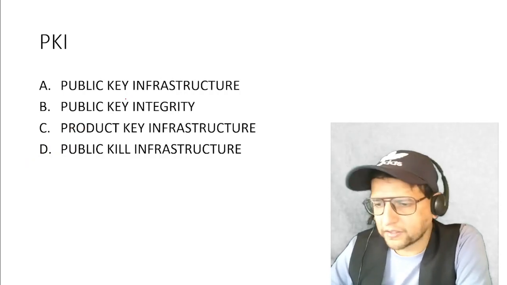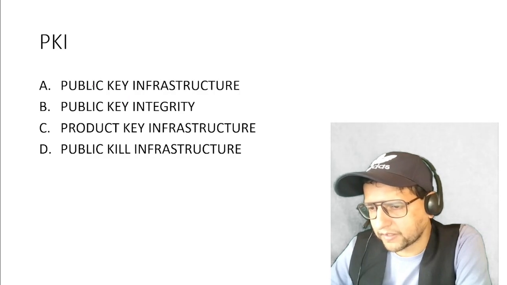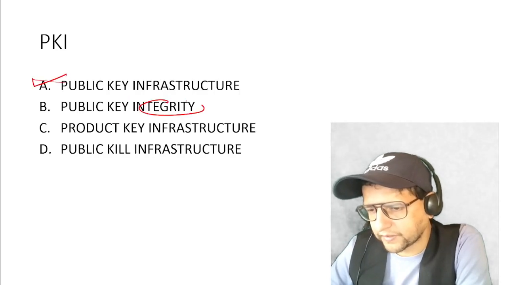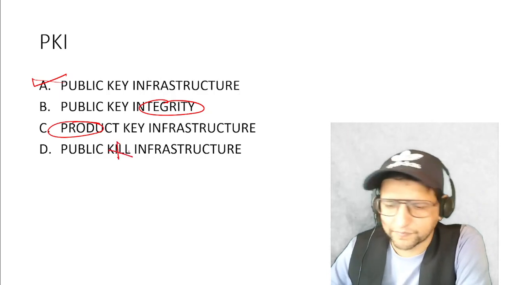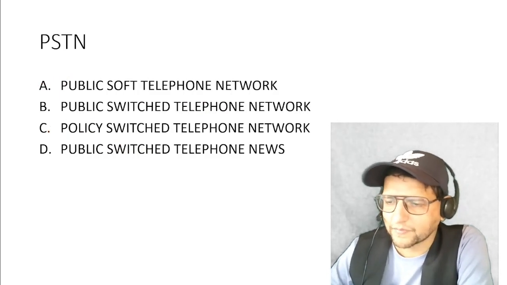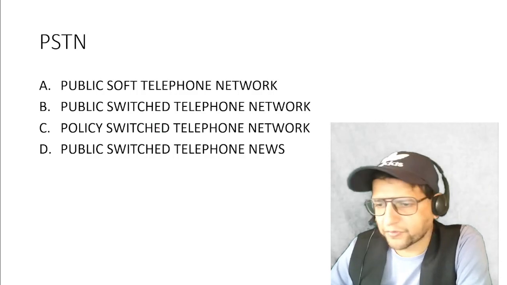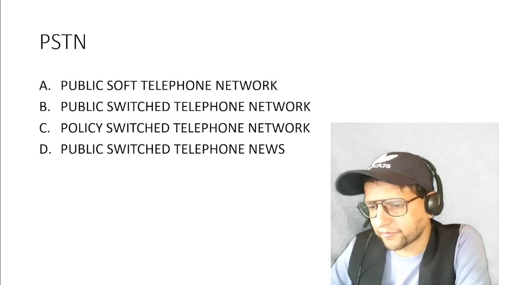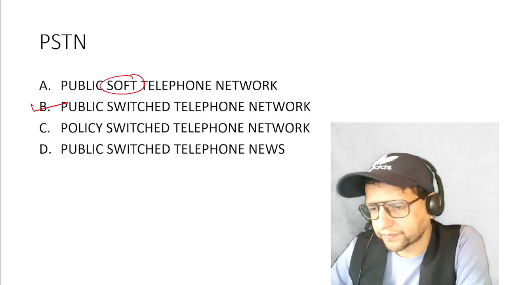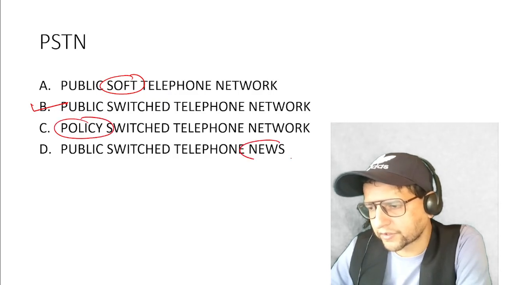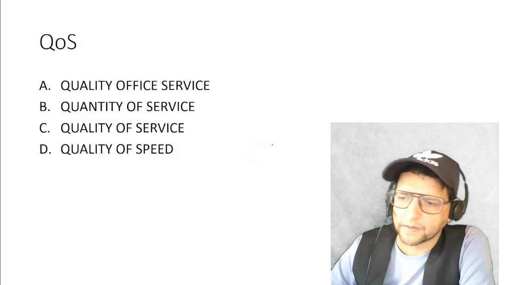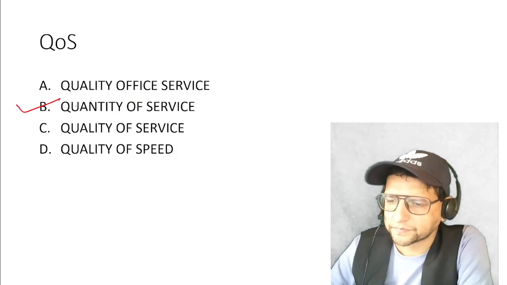PKI is your public key infrastructure. Public key infrastructure. Not integrity, not product, not public kill. PSTN is your public switched telephone network. It's not soft, it's not policy, it's not news. Quality of service.